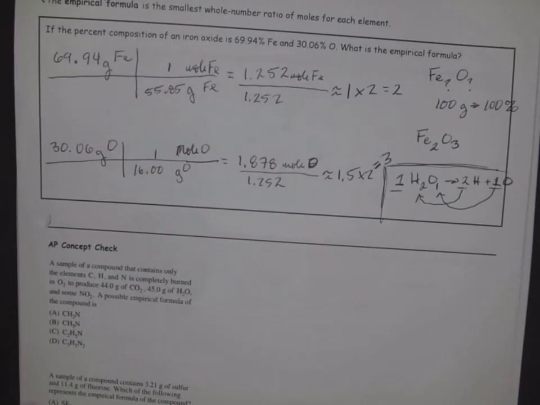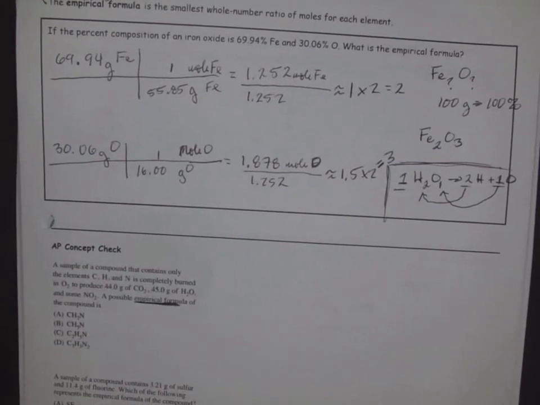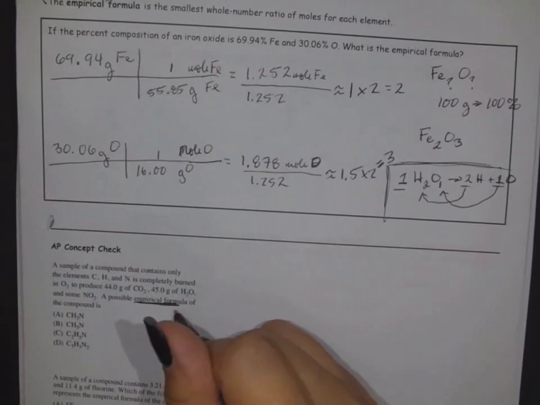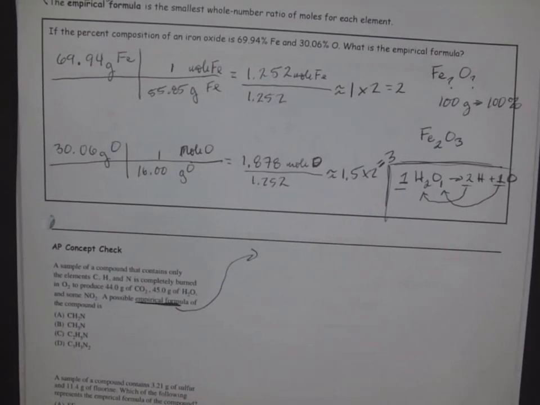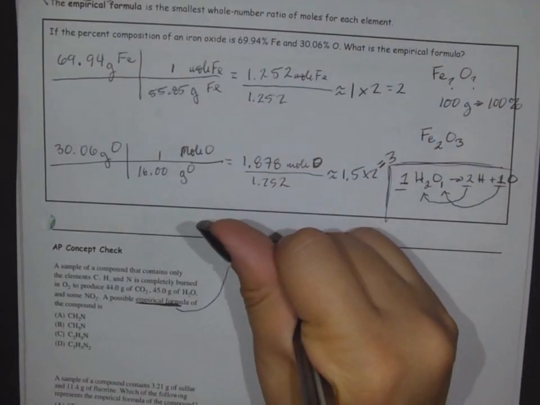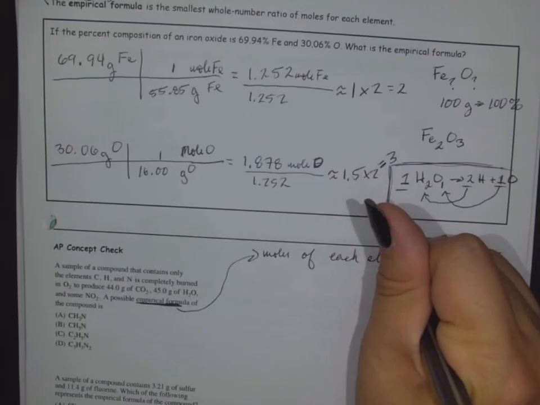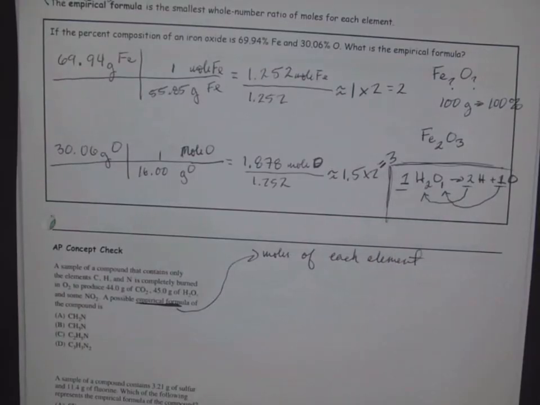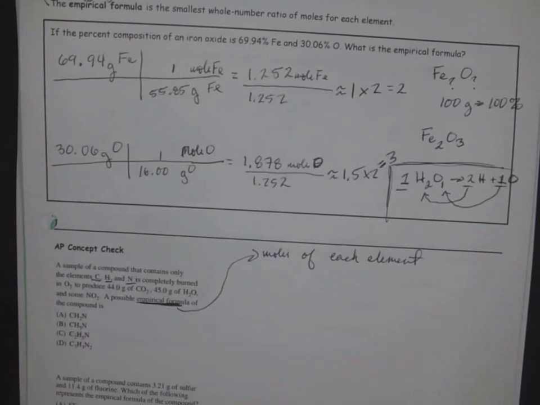Whenever you see empirical formula on a question, your mind should go to moles of each element. Hey, figure out the empirical formula for this thing. Oh, you should be thinking, first step, I need to figure out the moles of each of the elements involved.